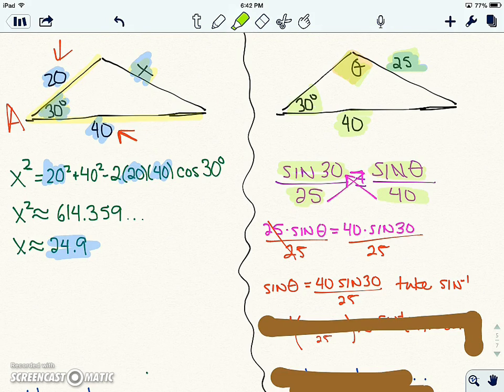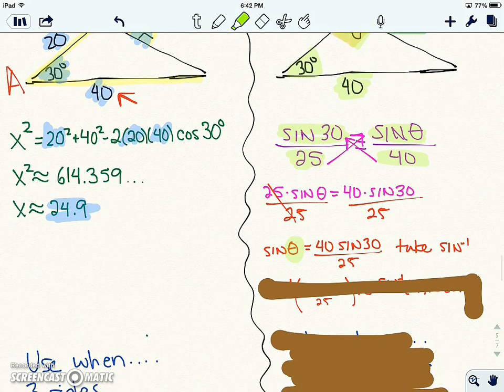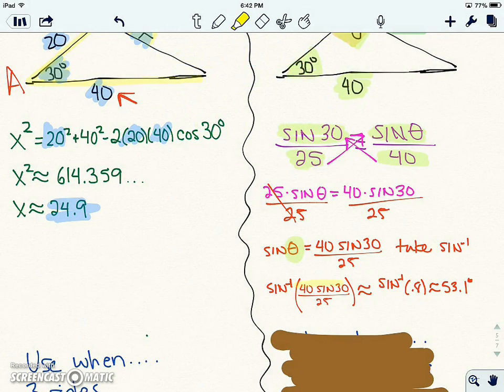To solve for this angle now, we need to take sine inverse. You could put it in the calculator just like this, but in this case, 40 times the sine of 30 over 25 is a nice decimal, 0.8. So you could also put it like this, and you get about 53 degrees.